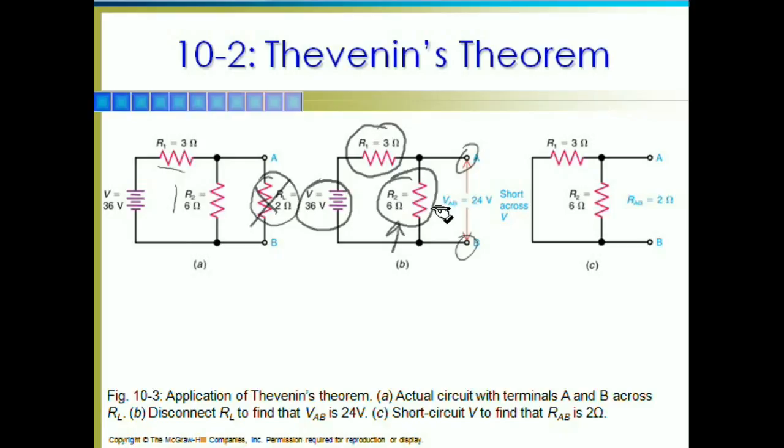So 2/3 times 36 volts, you'll find the voltage at points A and B equals 24 volts. So your Thevenin equivalent voltage is 24 volts, because you're just looking at the voltage at the open terminals you made by removing the load.